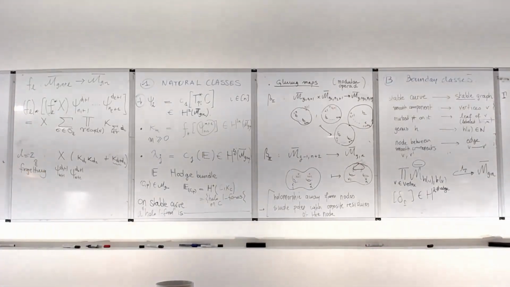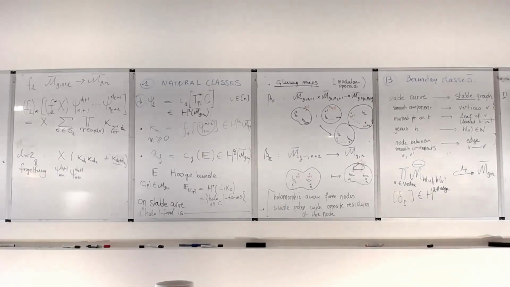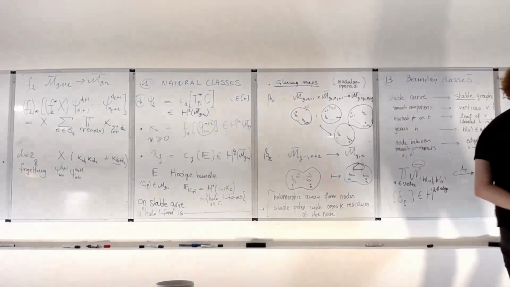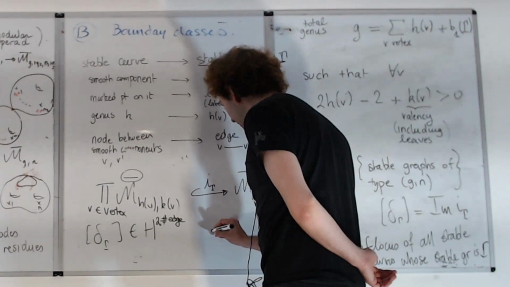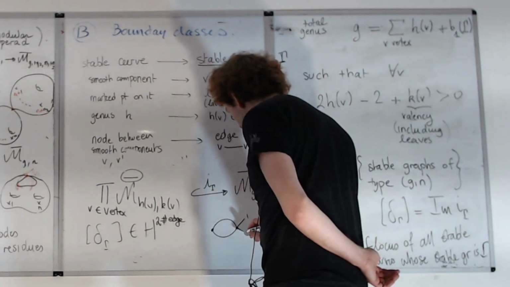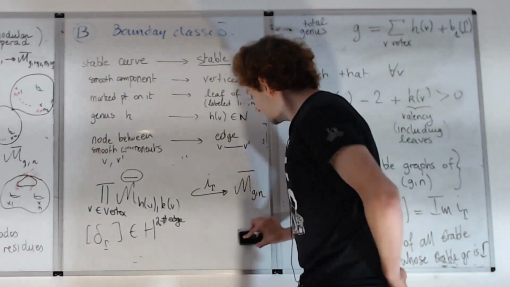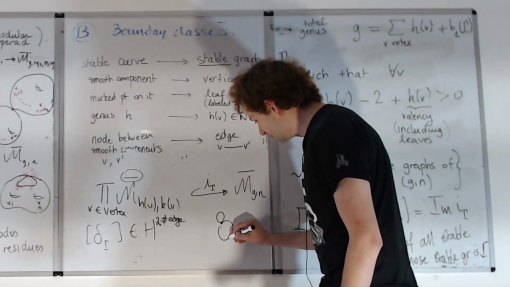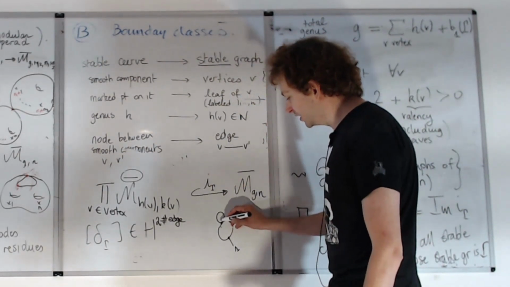Just a remark: when the stable graph has automorphisms, how do you define the actual locus? You should include the automorphisms. Indeed. For example, if I do a stable graph, something with a loop, here you can exchange these two guys.